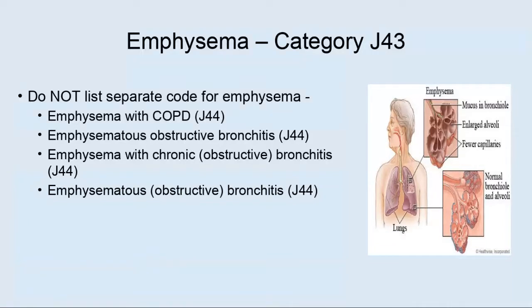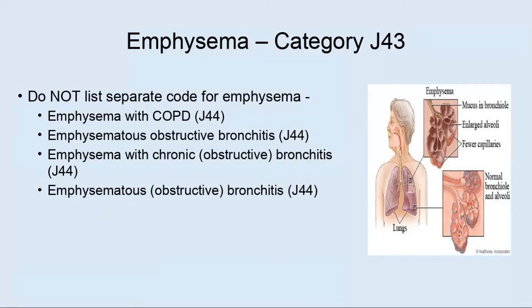Emphysema is included in COPD if it's documented as chronic. If not, it is not included in COPD. You're not going to list a separate code for the emphysema, even if it is obstructive in COPD.